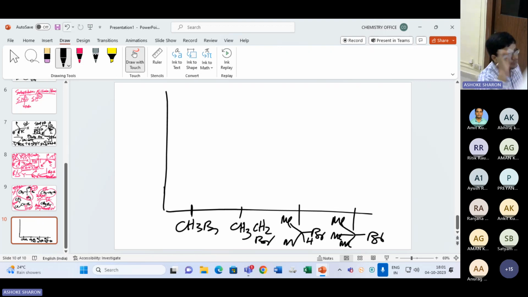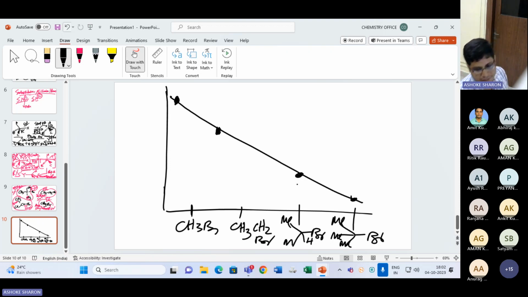Okay. Now I have already told this one is the highest SN2 reaction. This one is the second highest SN2 reaction. Now this one will be the third highest. This one will be the least. If I consider that this is an SN2 reaction, it will follow like this. Clear?